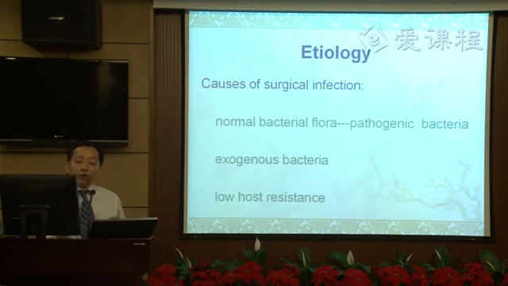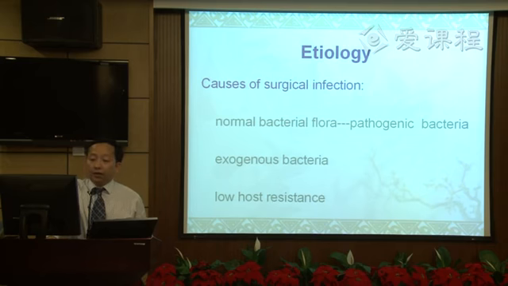The etiology of surgical infection may depend on 2 parts. One is the pathogen, another is the host. If the strength of the pathogens is very strong and the host resistance is low, this may cause the surgical infection.